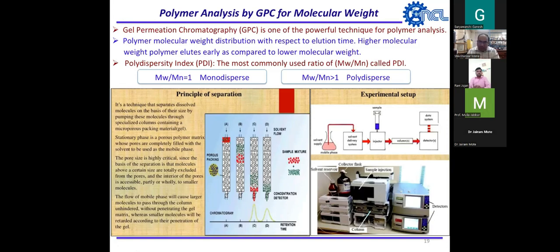The large chain does not need to penetrate each individual pore, so it comes out very fast, and the small molecular weight polymer has to pass through each individual pore, so it takes more time. That's why the retention time of small molecular weight polymers is very high compared to high molecular weight, because high molecular weight polymers come as a bypass.